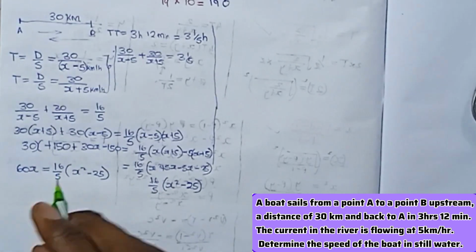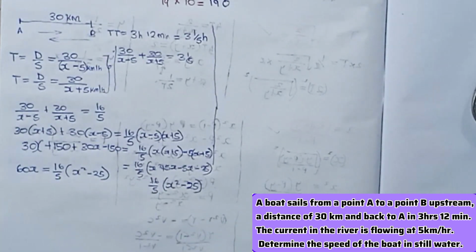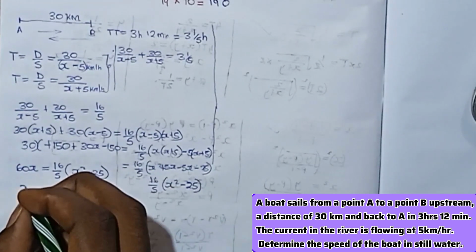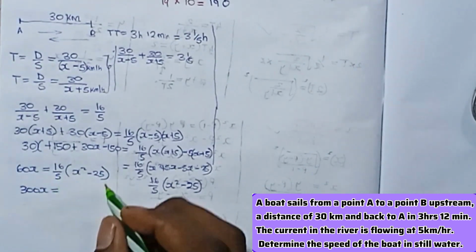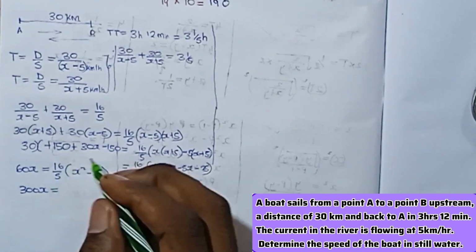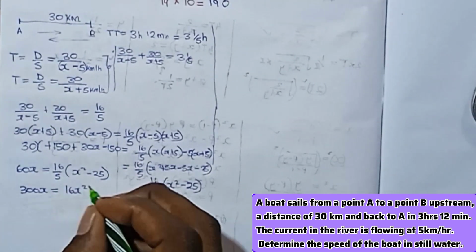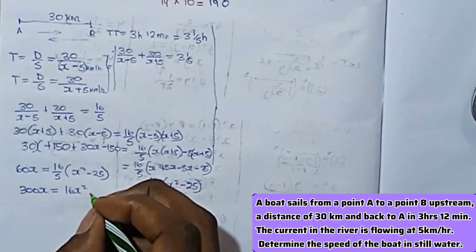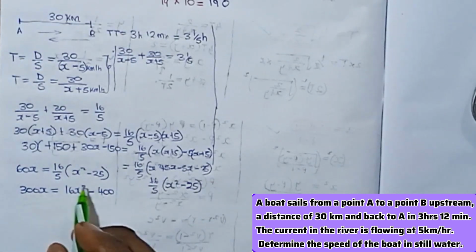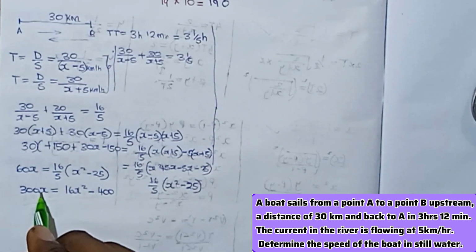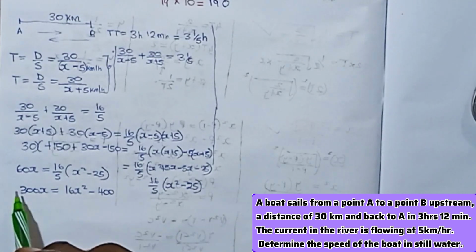So 60 times 5 is 300x, and on the other side the 5 will cancel. It is equal to 16x square, and 16 multiplied by 25 is 400, so minus 400. So we have this equation so that we can get x, which is the speed of the boat in still water. This is a quadratic equation.